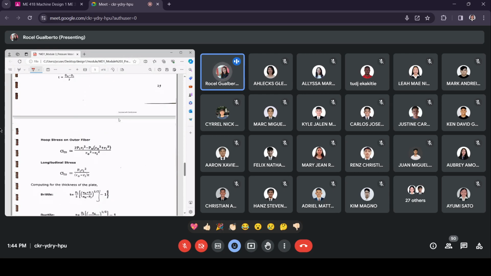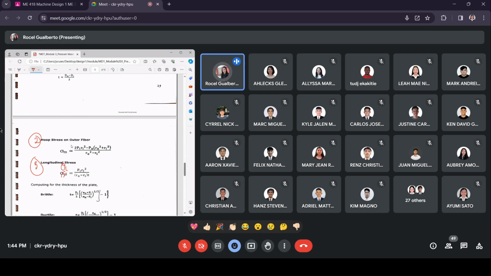Yun naman po kasunod, this is hoop stress on outer fiber. Ito naman po yung stress doon sa point 3 po natin kanina, yung nandun sa labas na fiber. And then the third one, this is your longitudinal stress. Paki-correct, this is not sigma T sub o, but rather, this is sigma sub L, equal to Pi Ri squared over Ro squared minus Ri squared.